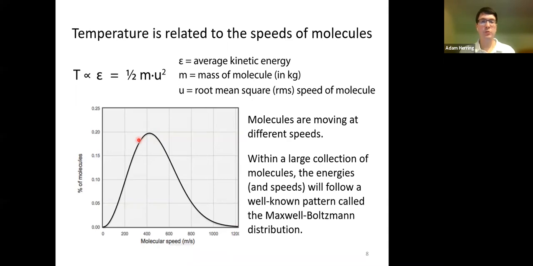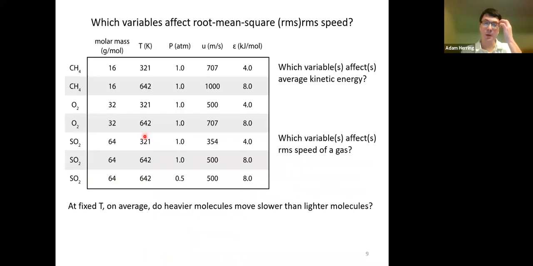When we talk about the root mean square speed, this is approximately the average speed of the molecule. And this is somewhere off in this region, just slightly to the right of the peak. So let's take a look at some data and evaluate which variables are affecting the root mean square speed of a collection of gas molecules.